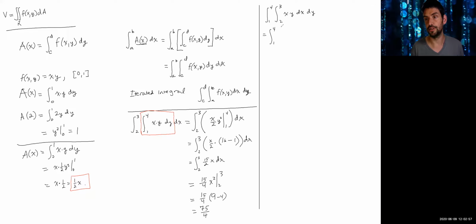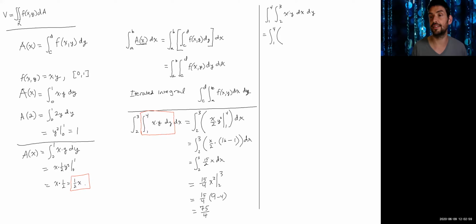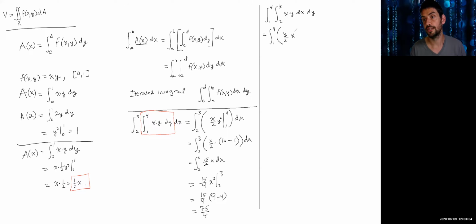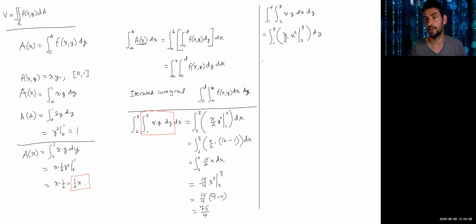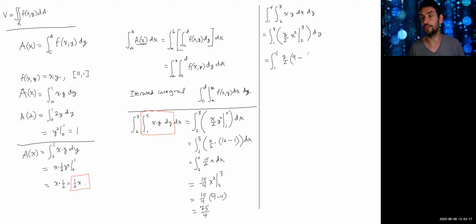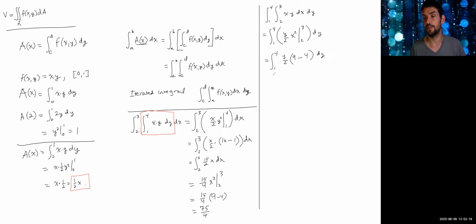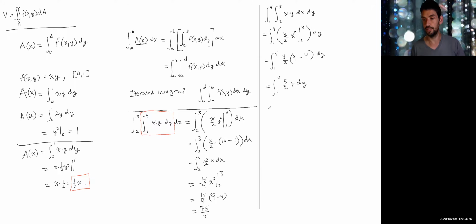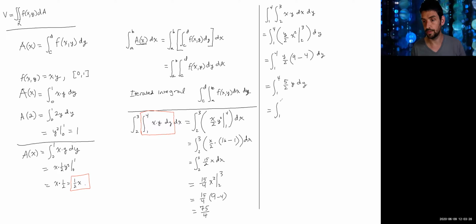So again, I'm doing this inner integral with respect to x. The antiderivative of x is x squared over 2, so I get y over 2 times x squared evaluated from 2 to 3. So this becomes y over 2 times 9 minus 4, or 5 halves y dy. Now I do my y integral.